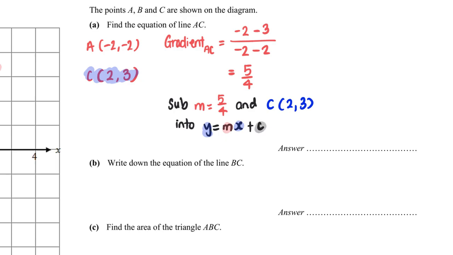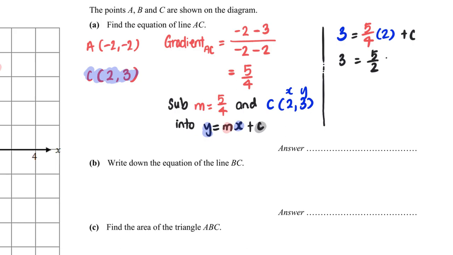Okay, so 3. Y now is 3 because this one is my x and y. 3 equals to 5 over 4 multiplied by 2 plus c. So from here, I can then find the value of c easily.